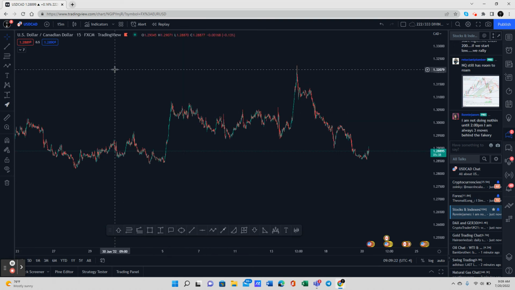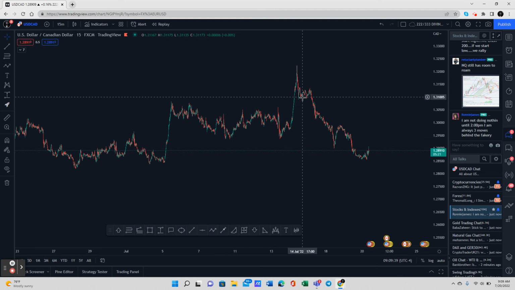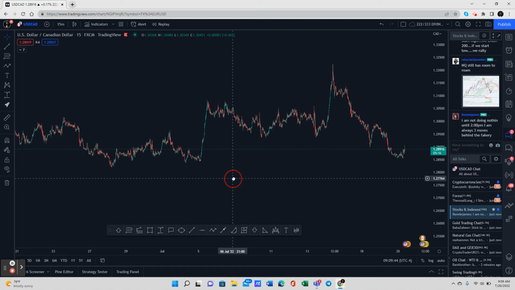On this chart, this is the US dollar, Canadian dollar. I switched off the euro. So what do you notice? We had the same type of setup, and we had this break, and then we start moving higher.